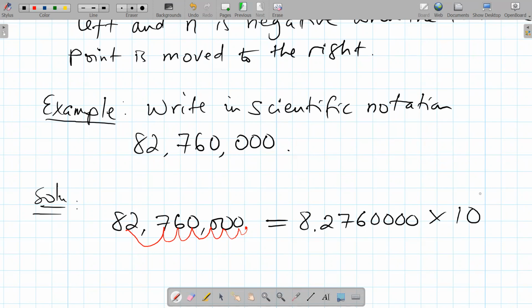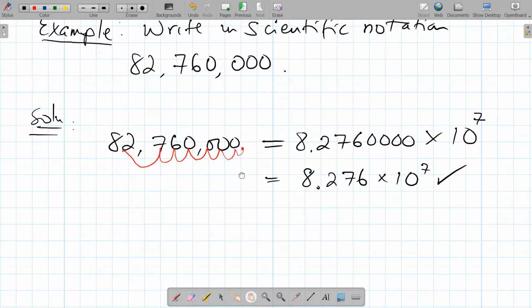Because I moved to the left, I put 7 on top of the 10. But these zeros there are just placeholders, so I can rewrite this as 8.276 times 10 raised to 7. And I'm done. Take note of it.